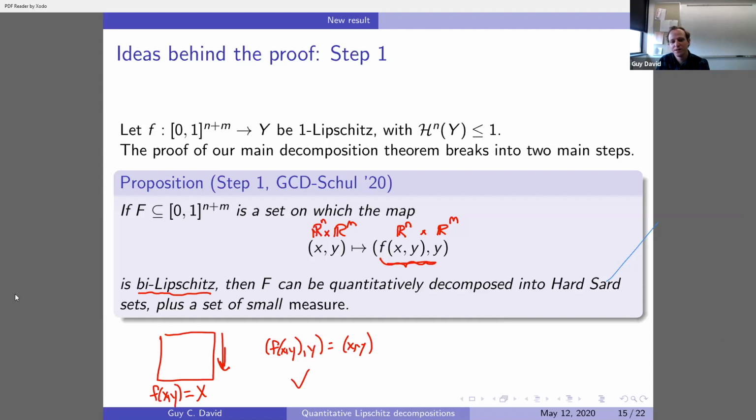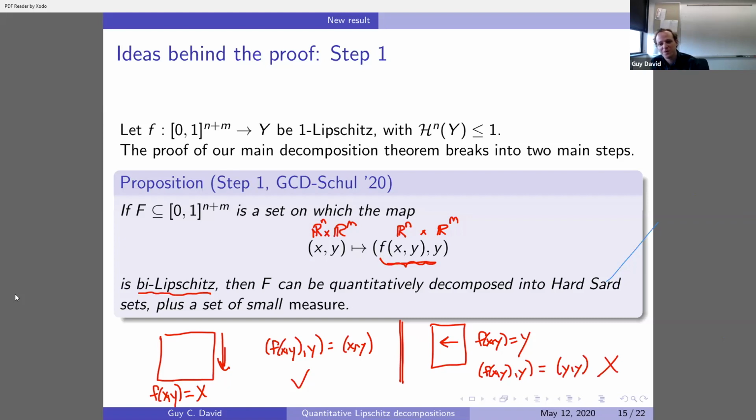Great, hooray. On the other hand, if your mapping happens to look like a projection in the wrong direction, if it projects onto the y-axis, then when you supplement by the last y coordinates, you get this mapping, which is not bi-Lipschitz.